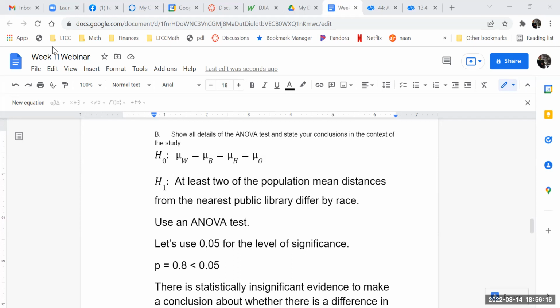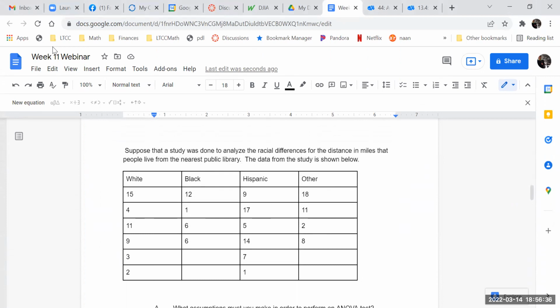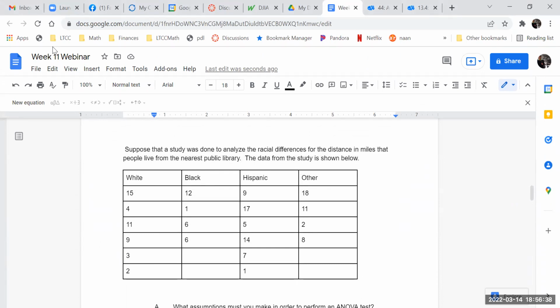Then you could say there is statistically significant evidence that race is a factor, or at least two of the population mean distances from the public library differ by race. So let's suppose we did get a low p-value. Could you then go and look at these, and based on what we just got from the ANOVA, say which are the two that are different?